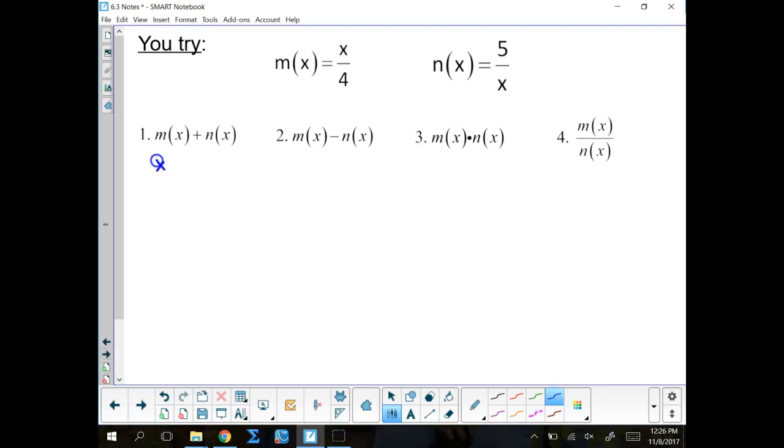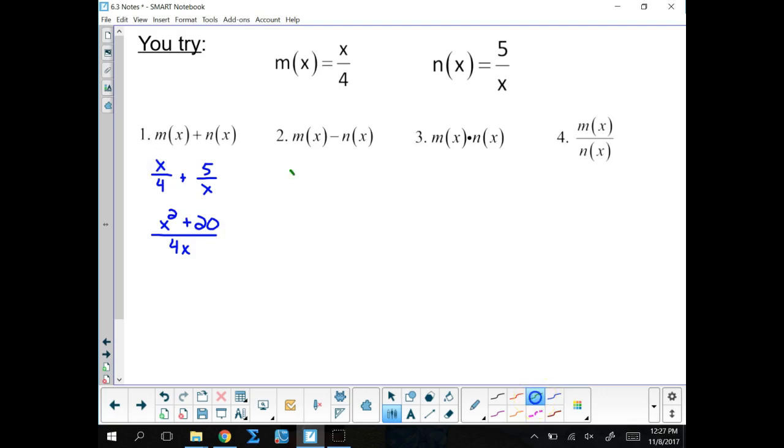So this is x over 4 plus 5 over x, which I would accept, because you really can't combine those. But I would also accept here, so that my common denominator would be 4x, so that would be x squared plus 20 over 4x. Same thing here.